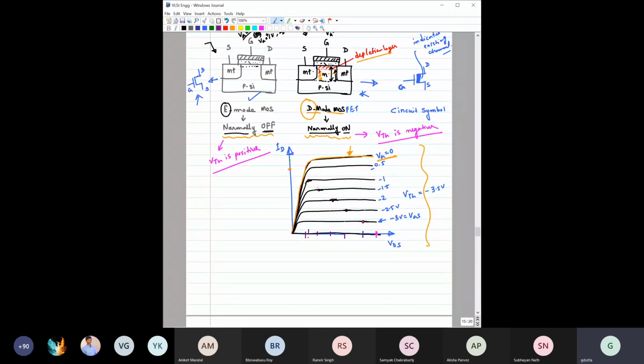But if I ask you what would be the current voltage relationship for this type of MOSFET, meaning the expression of ID, how it is related with the gate voltage and drain voltage, can anyone guess what the current voltage relation would be for this type of transistor?